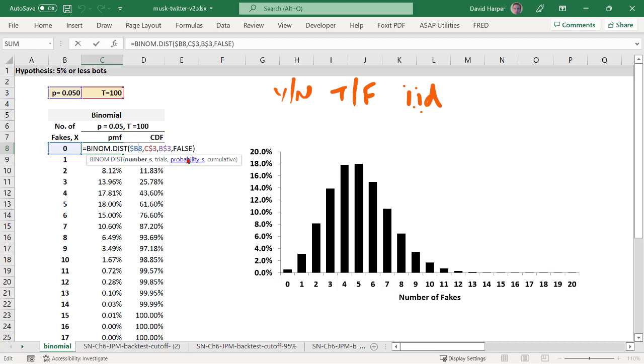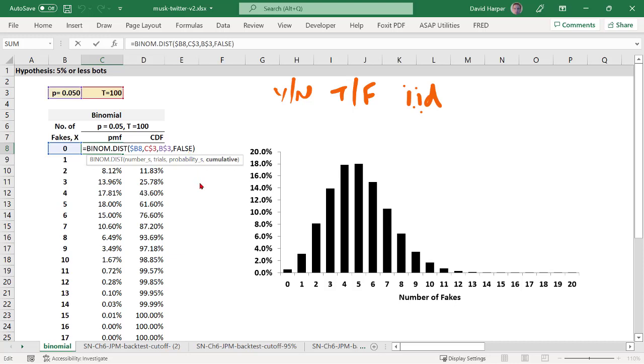And it's really taking 4 parameters here. The number, that's the 0. So it's the probability that we observe 0 fakes among a trial or sample of 100. That's the probability of exactly 0 in a set of 100 observations, where the probability of each fake is P, here only 5%.